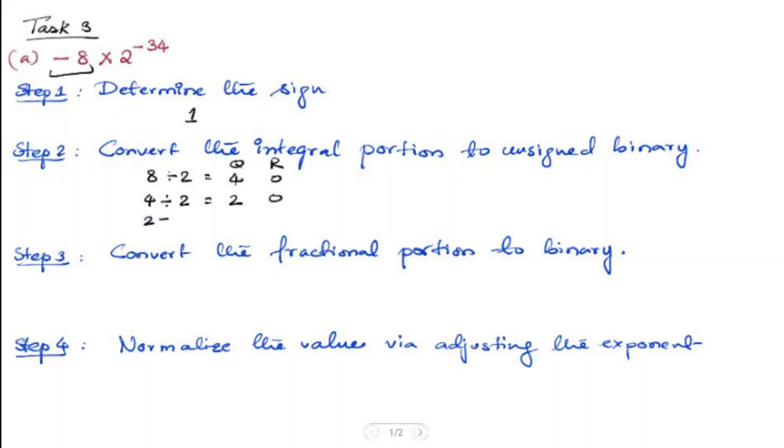Then 2 divided by 2: the quotient is 1, remainder is 0. Then 1 divided by 2: the quotient is 0, and the remainder is 1. And then we draw our arrow upwards, and we take the number, so the 8 will be represented as 1000 in binary format, right?